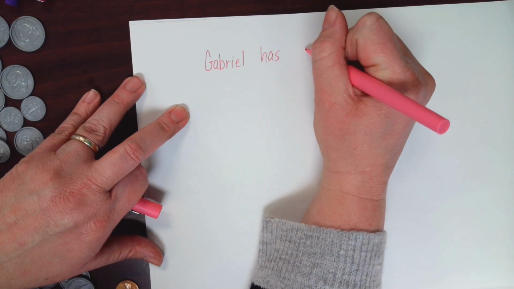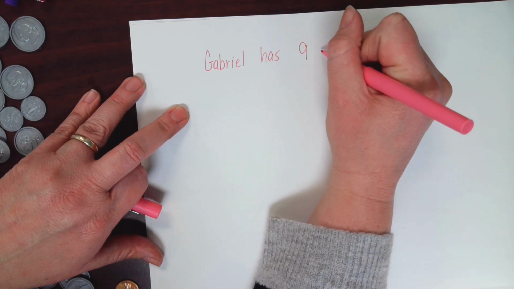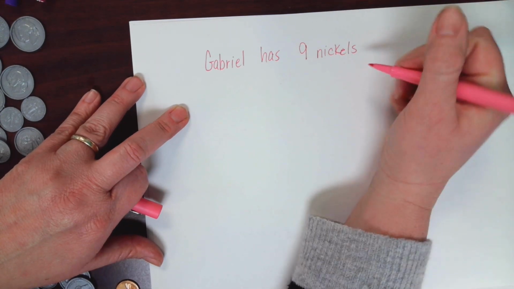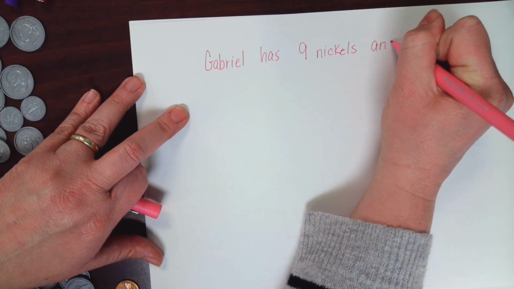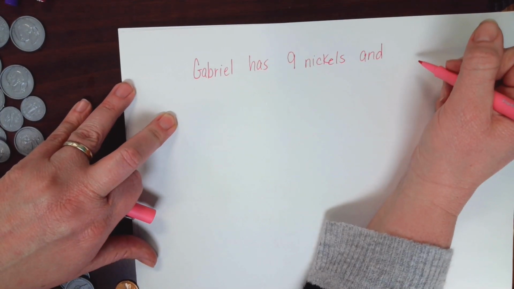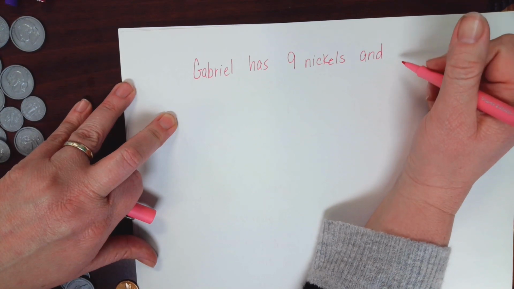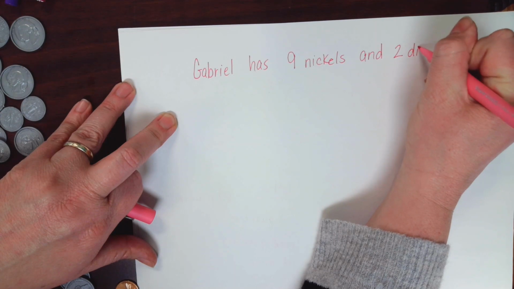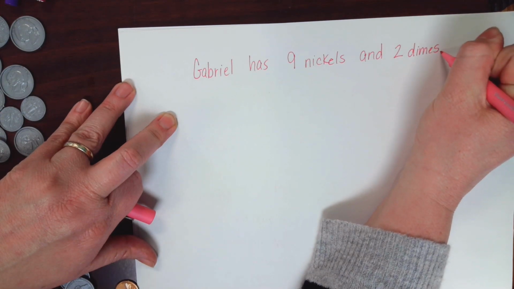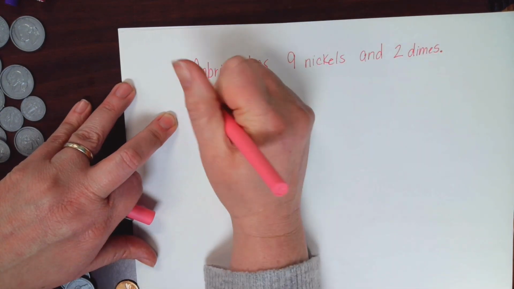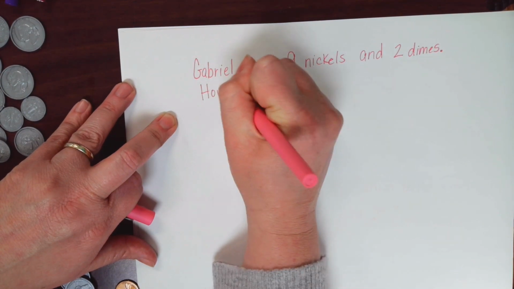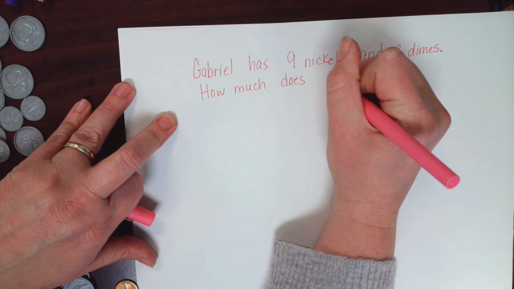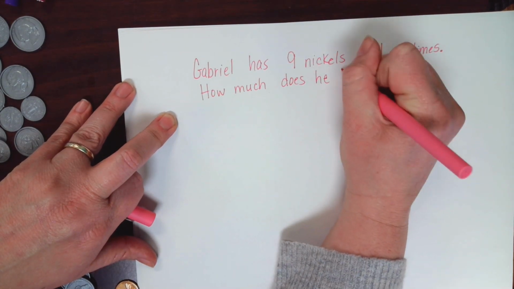Gabriel has 9 nickels and let's give him 2 dimes. Period. How much does Gabriel have?